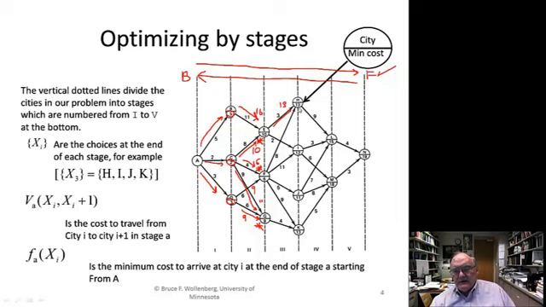Now if I go to I, it could be 10 plus 2 if I followed this one, which would be 12. Or it could be 6 plus 11, or 17. And so the minimum cost is going back by this path here.